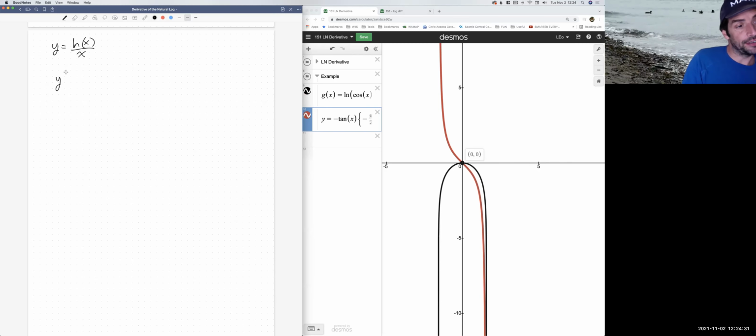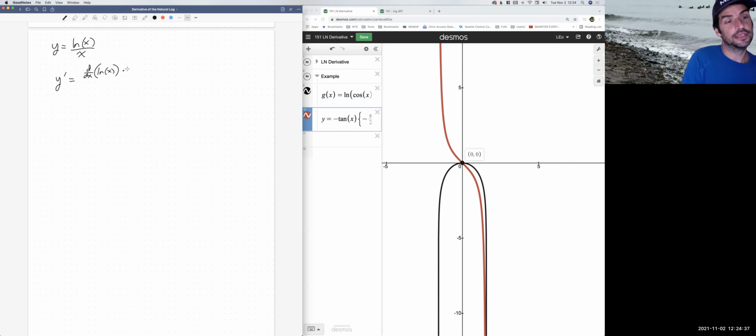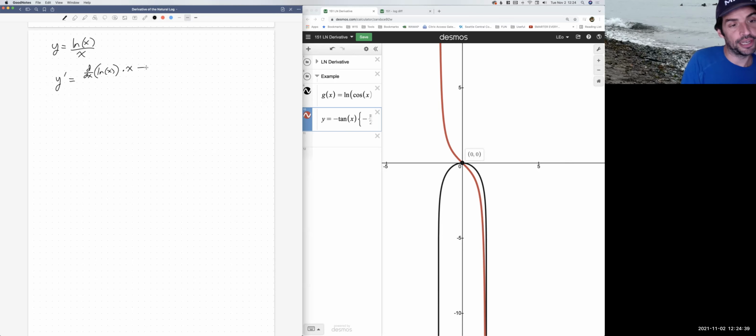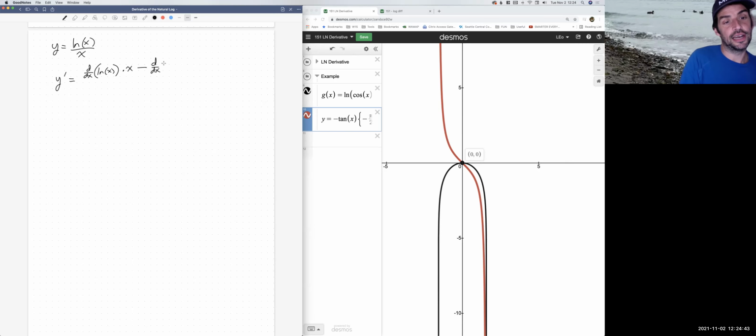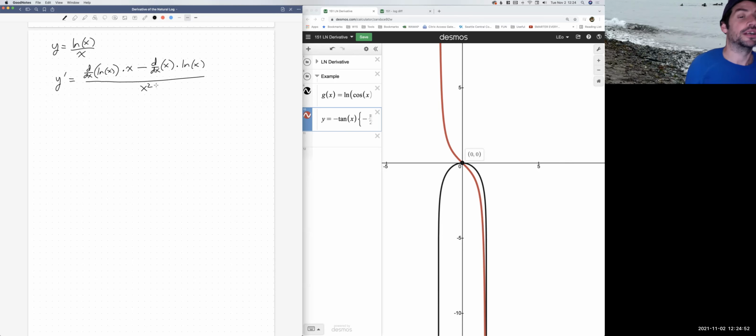So this derivative is going to be the derivative of the function in the numerator times the function in the denominator, minus the derivative of the function in the denominator times the function in the numerator, all over the denominator squared. That's our quotient rule.